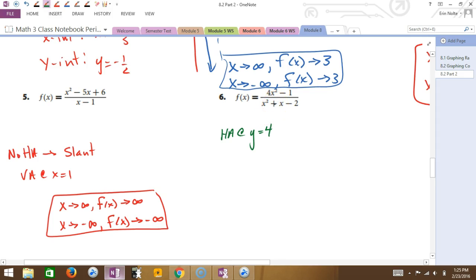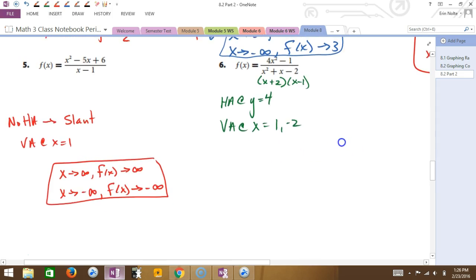So what does the bottom factor into? What two numbers multiply to -2 and add to +1? -1 and 2. There you go. So vertical asymptotes? 1 and -2.